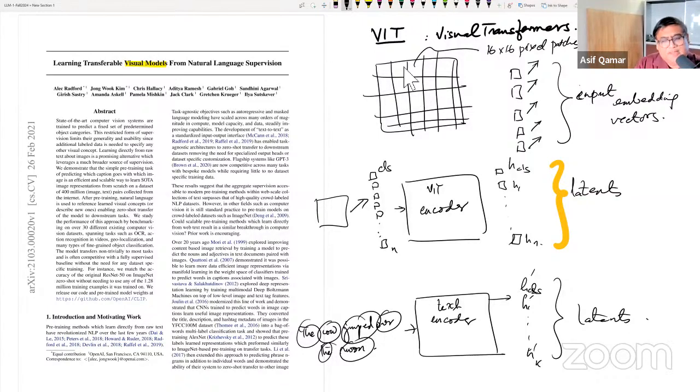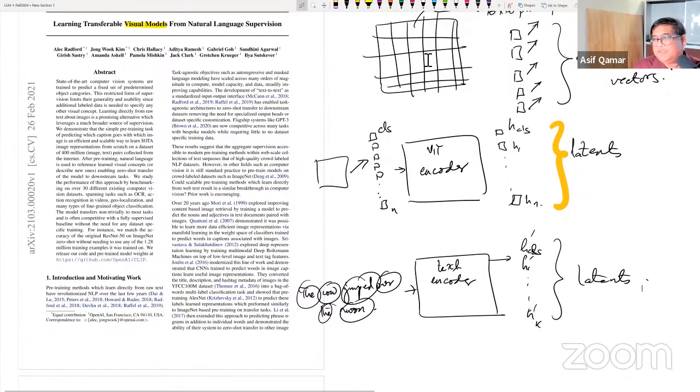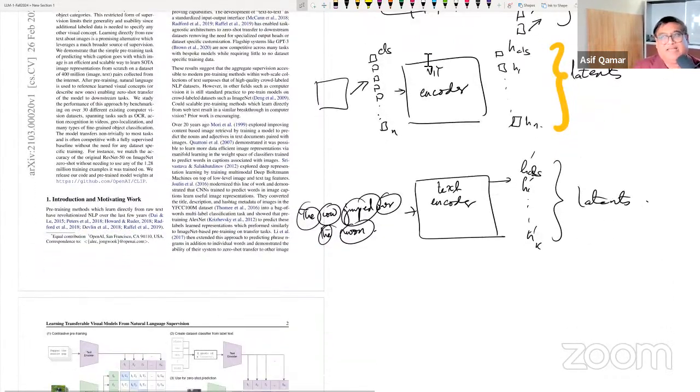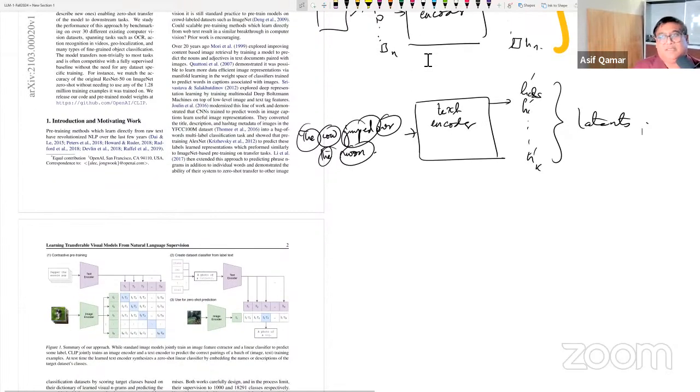Now, this paper asks one thing. Suppose the words, the textual description, and the image are saying the same thing. Can we teach a machine to produce embedding vectors that are proximal to each other?